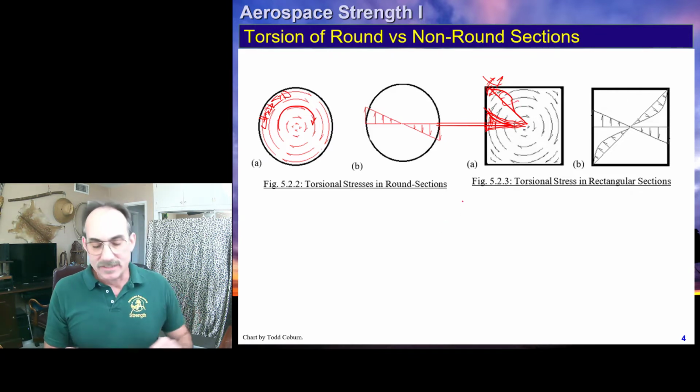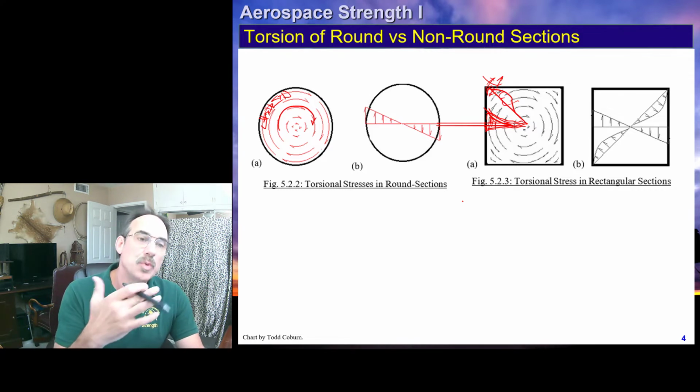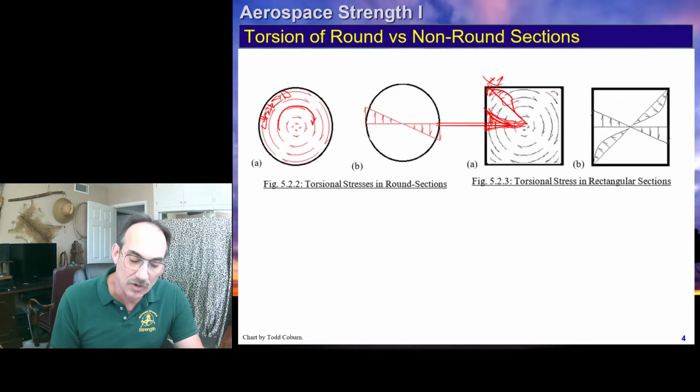This causes significant twisting and distortion of the cross section. This is a rectangular section, so it's not as severe as if we have a thinner rectangular section. So we're going to end up with stress distributions looking kind of like this. This is actually drawn linear there, but it's actually not.